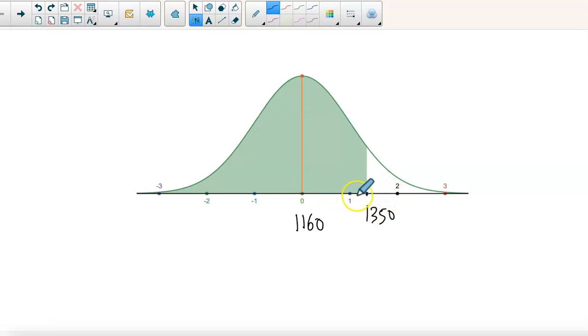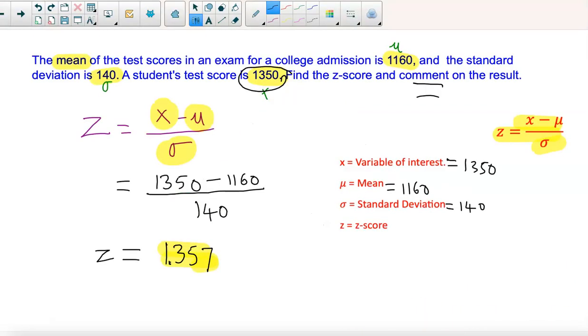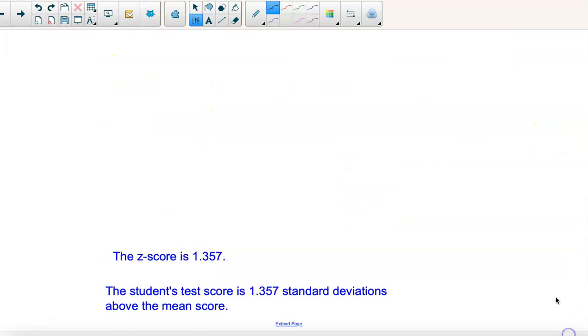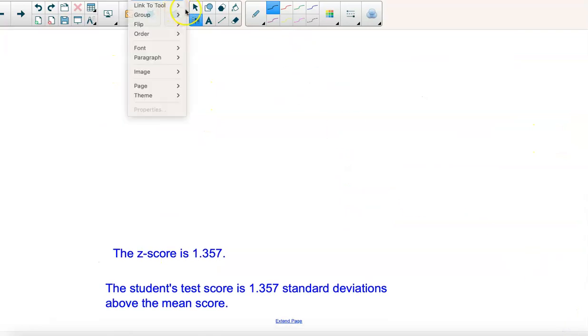And you are at a little more than 1 and less than 1.5. This is the standard deviation. First standard deviation is 1 and this is the second standard deviation. You are at this point of 1.357, right?